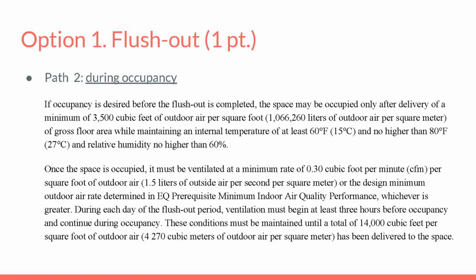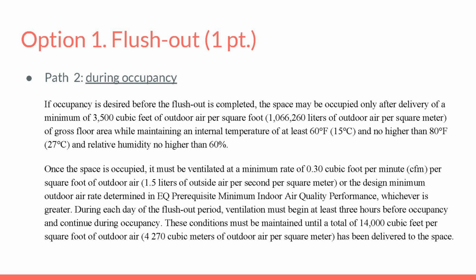For the path 2, which is during occupancy, if occupancy is desired before the flush out is complete, the space may be occupied only after delivery of a minimum of 3,500 cubic feet of outdoor air per square foot of gross floor area while maintaining an internal temperature of at least 60 degrees Fahrenheit and no higher than 80 degrees Fahrenheit and relative humidity no higher than 60%.